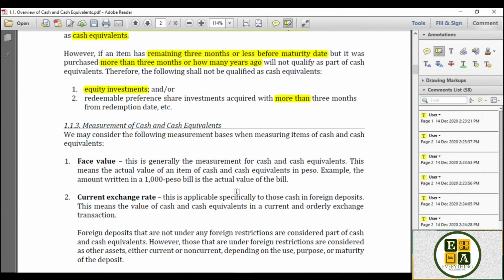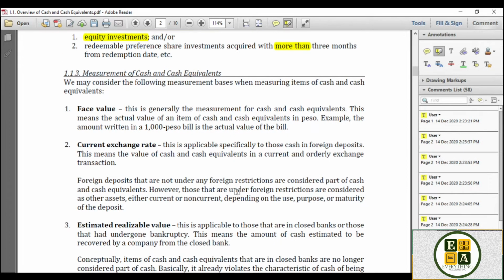Okay. So, measurement of our cash and cash equivalents. So, in accounting, after considering and qualifying or classifying each item to cash and cash equivalents, we have to consider kung paano natin siya i-value or i-measure. Basically, we have 3 measurements na dapat i-consider, although iisa lang talaga yung applicable for cash and cash equivalents.